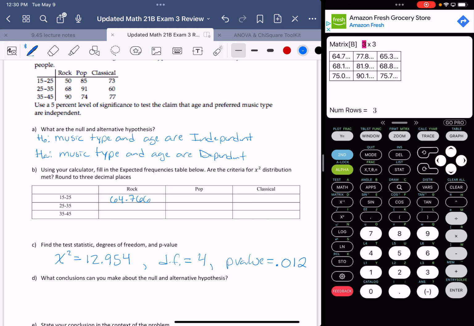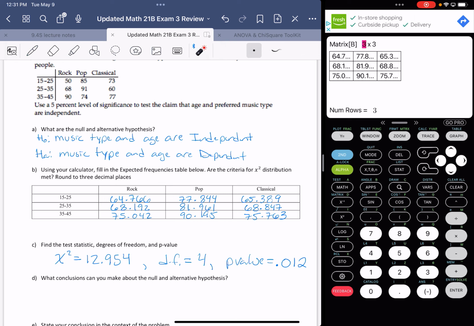I'm going to go horizontally across. 77.844. 65.389. 68.192. 81.961. 68.847, 75.042, 90.195, and lastly, 75.763. Okay.